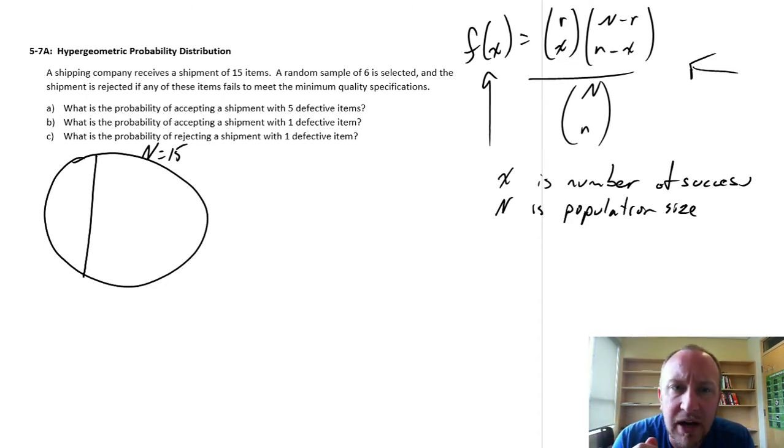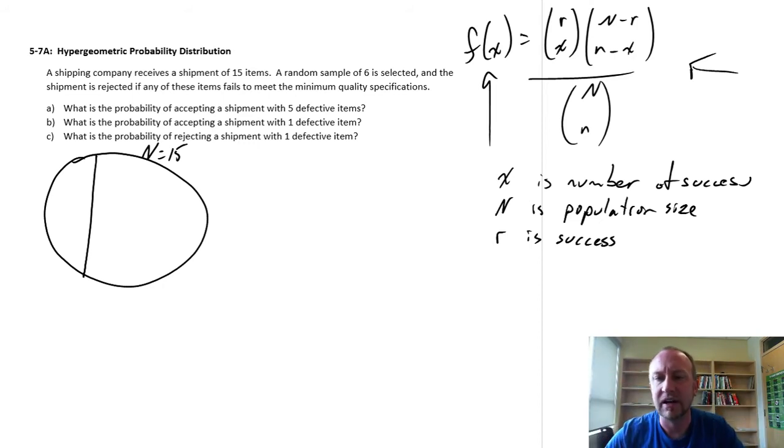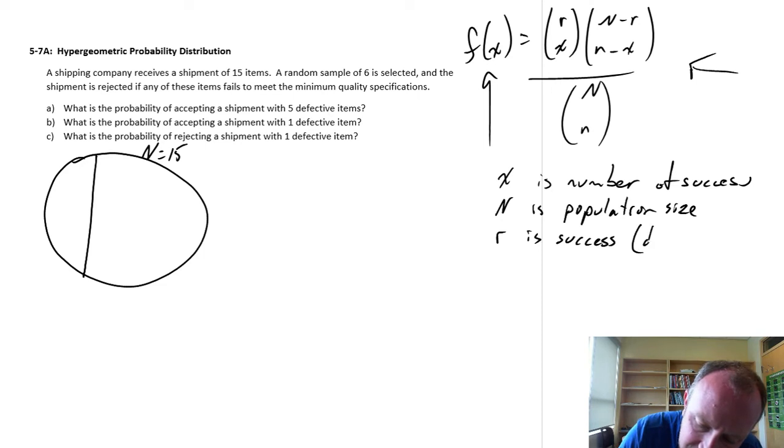Here we have some number of failures and some number of successes. What we're doing here is trying to identify defective items. So I'm going to call R our number of successes, or number of events that we're identifying. In this case, this is going to be defective items.